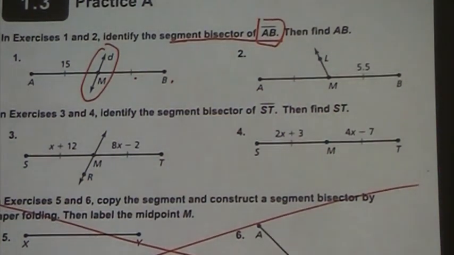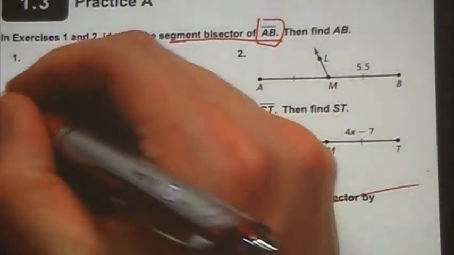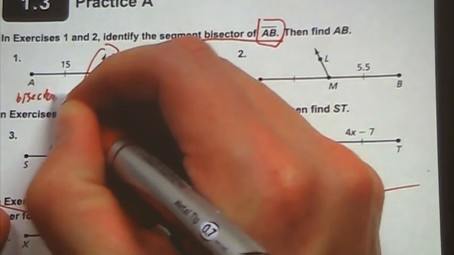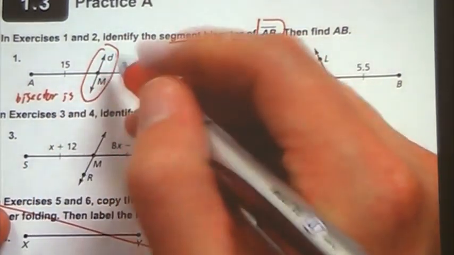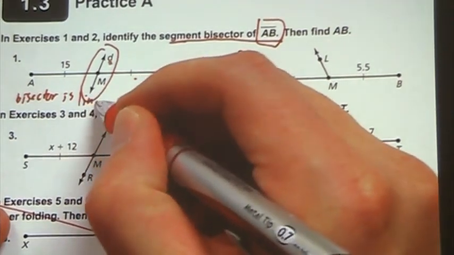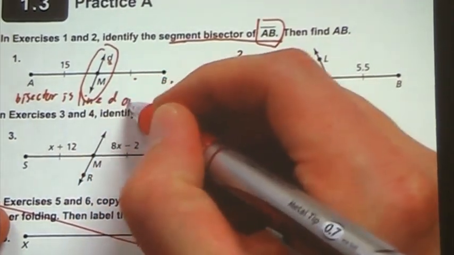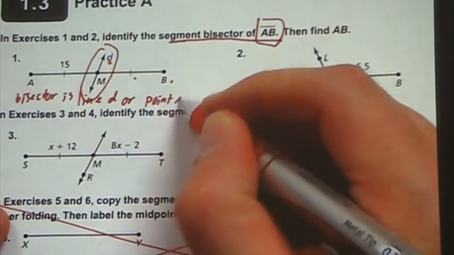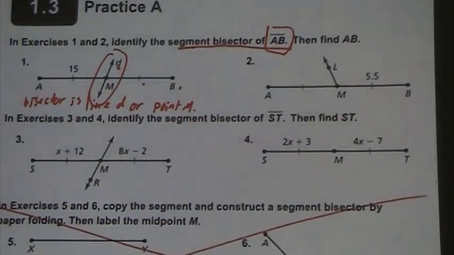Now you got two options for your answer here. You could say bisector is line D. That way you have that little italic D, so line D. Or you could put point M. Both would work.